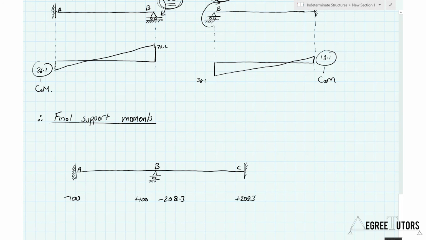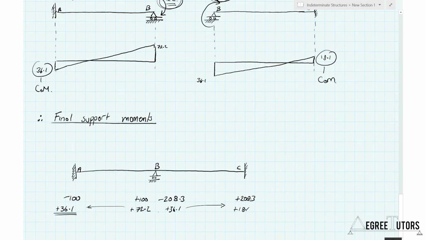Then we added our balancing moment to joint B, which brought up, on this side, a 72.2 added, and on the other side a plus 36.1. Then we carried over half of that to here, this fixed support at A, which was 36.1. And again, half of that got carried over here, which is plus 18.1.